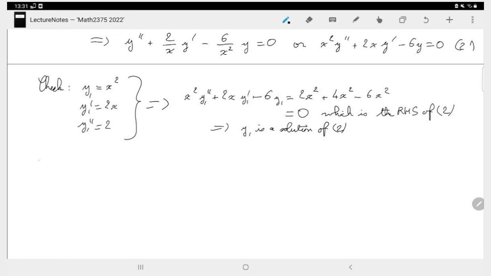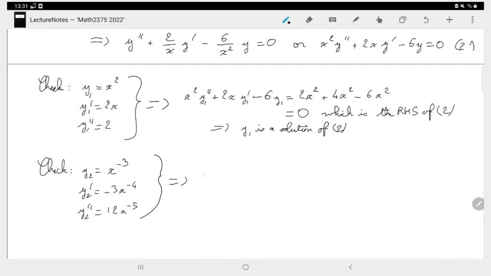And then now we need to check y2. And y2 was x to the minus 3, which gives us y2 prime is minus 3x to the minus 4, and y2 double prime is 12x to the minus 5.